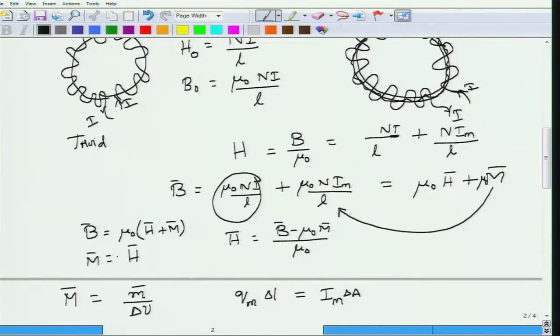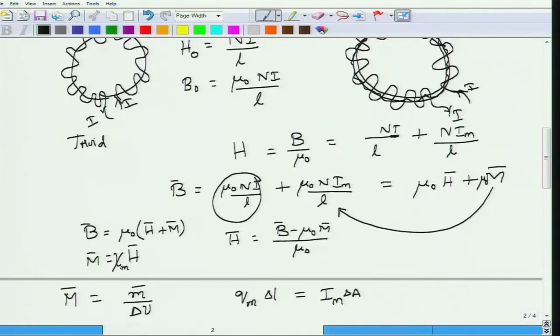Well, magnetic materials actually possess even more exotic properties, but we will not go into those properties at this moment. So, M is linearly related to H, and this relationship is defined by this parameter chi m.